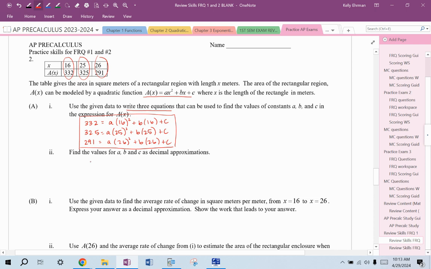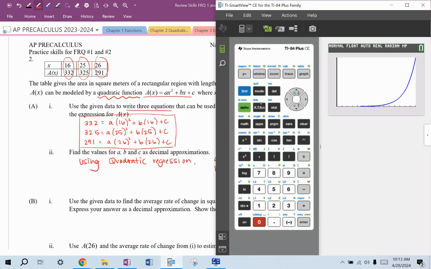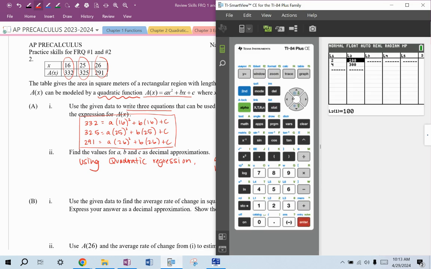So instead, I would say using, now I'm not going to do exponential. This says quadratic function. So using quadratic regression, you'll never have to guess at what kind of regression. Just read the problem and see what kind of function it is. Using quadratic regression, a equals, b equals, c equals. Okay, so how do we do this? Stat, edit. Clear out the old list.